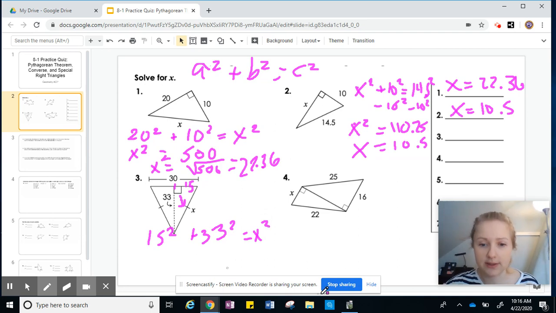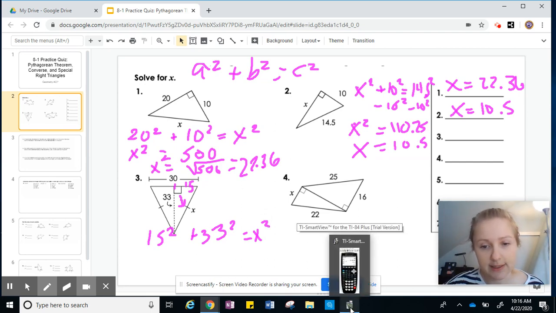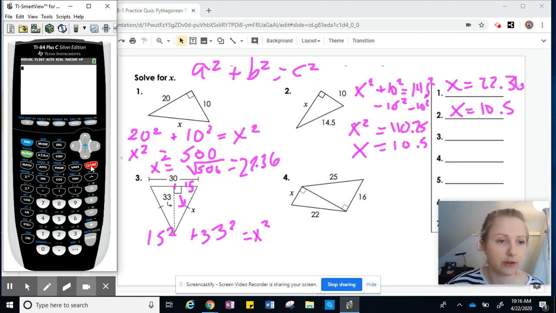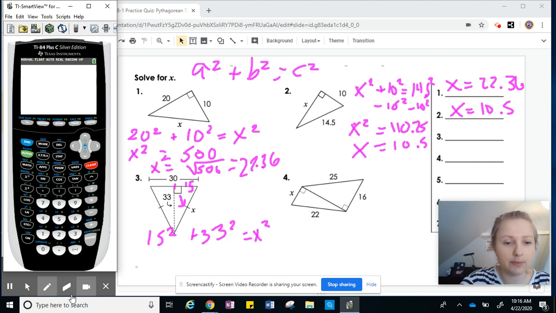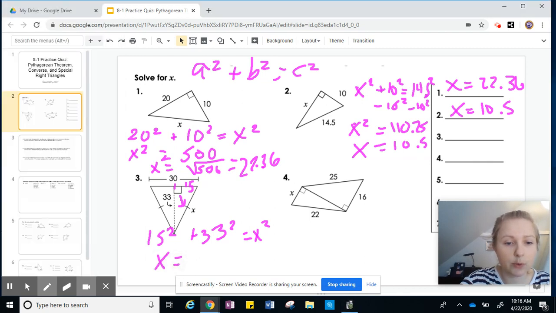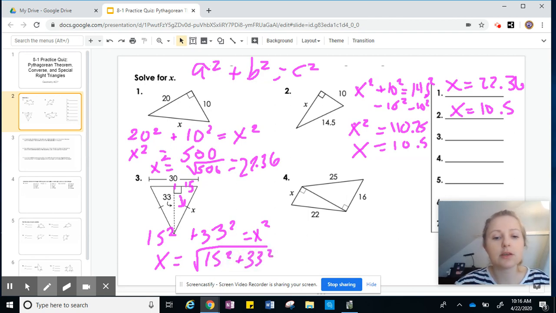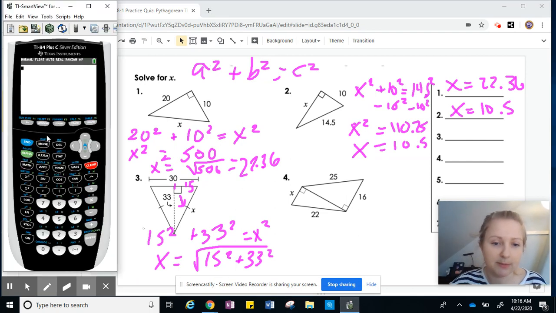If you're interested in doing as little work as possible on your calculator, something you can do here: we know in order to get x alone, we're going to need to take the square root of whatever 15 squared plus 33 squared is. You can do that all in one step on your calculator.